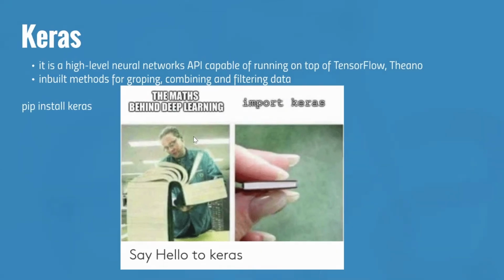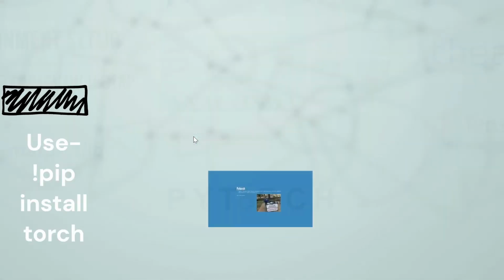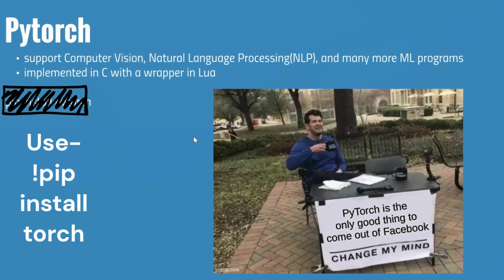After Keras, the next library that is used is PyTorch. PyTorch is one library that supports computer vision, NLP, and machine learning. So it is kind of a combination of everything, since it is implemented in C, which is wrapped by Lua.